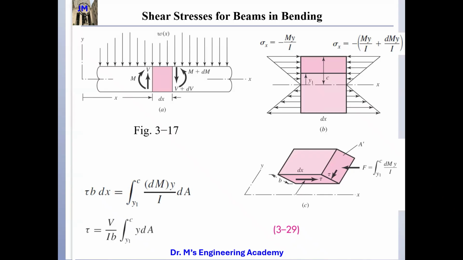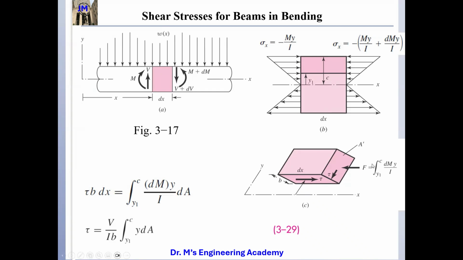So how do we calculate tau? This tau b dx is used to balance the bending moment M. On this side, tau multiplied by b, the width, and dx, we multiply them together. So this one is used to balance this one. Finally, we can get this tau here.